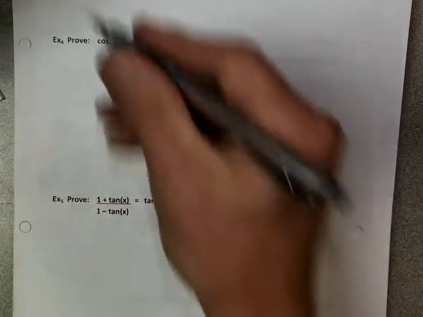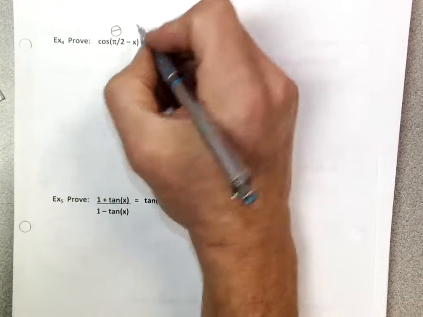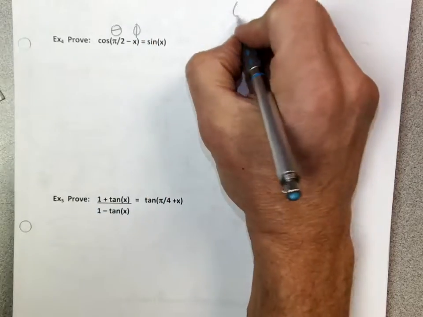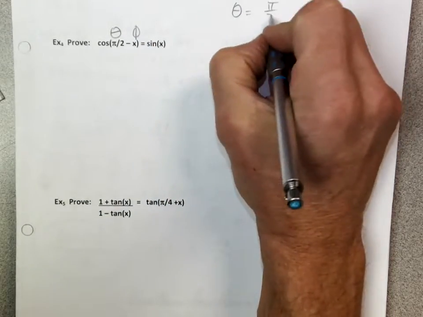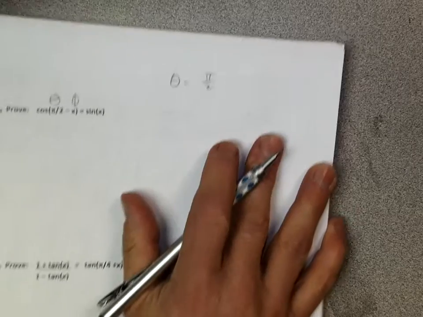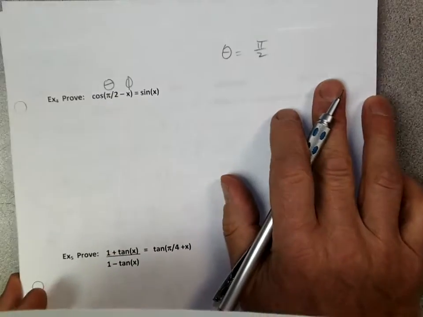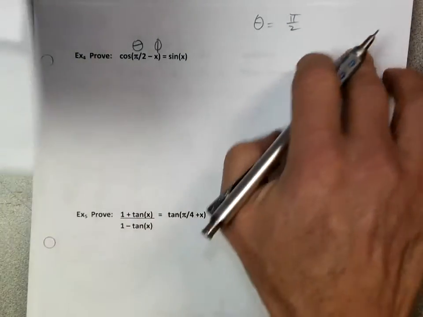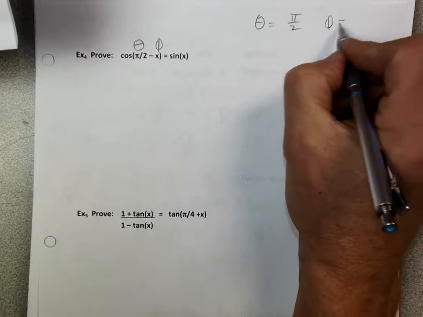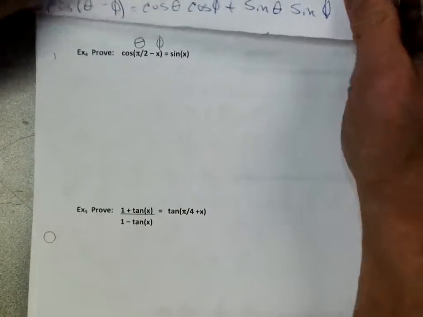So in this case, let's let theta be pi halves and phi be x. So theta will equal my pi halves. You guys can see that. There you go, perfect. And we're going to let phi be x. So let's set up the formula.